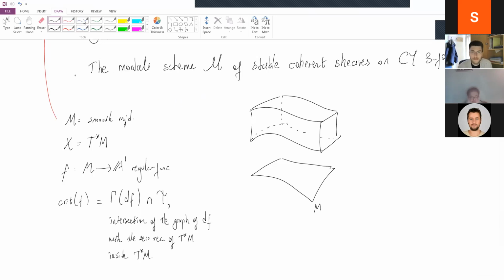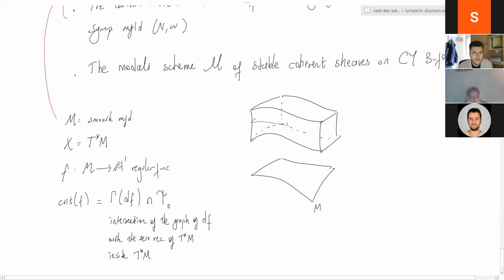You can embed M itself inside this cotangent bundle by using the zero section. So you have this embedding. So what about df? df is another section of this cotangent bundle. So let's say, for instance, something like this. It hits this blue part, and it goes like this. So this is the image of df. As you see, these intersection points are exactly the critical locus of this f.